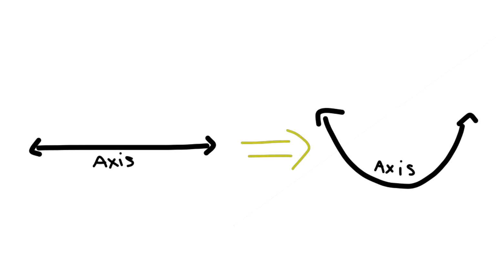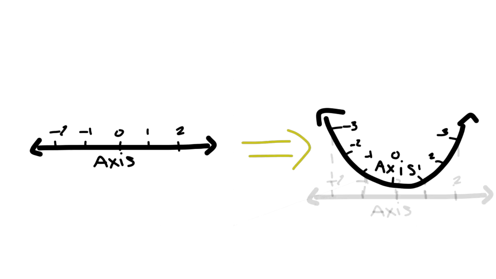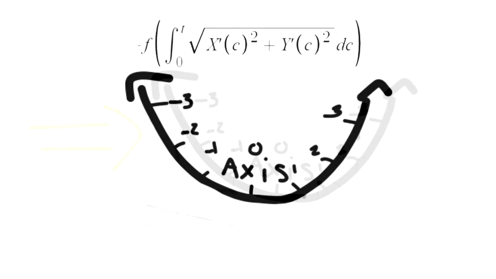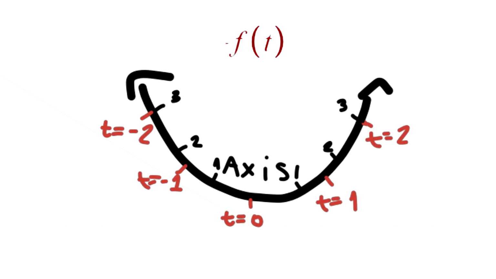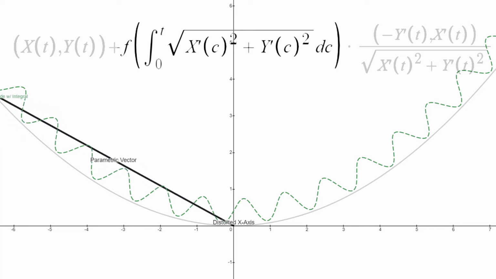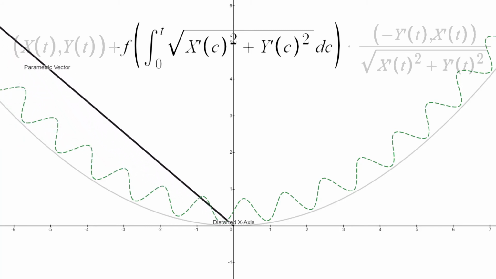As the axis transforms, so do the ticks of the axis, yet still remain evenly spaced. This is what the axis would look like with the arc length integral, but without it, the tick marks would not be evenly spaced, where the ticks represent the values of t, which causes the stretch. This is why there is that integral inside the function f, to adjust those tick marks in accordance with the parameter's actual length to fix the stretching.